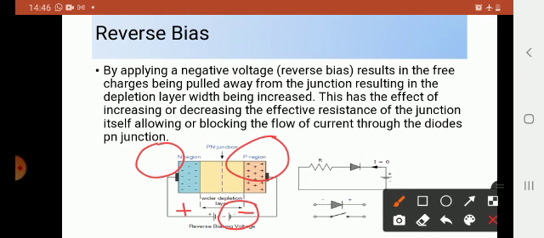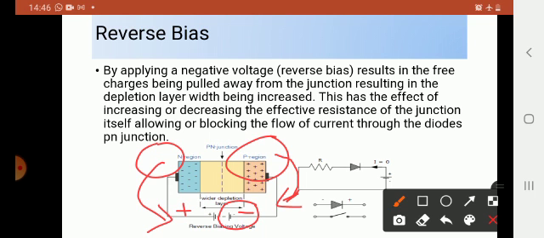Now that the terminals are swapped, what will happen? The electrons present in the n-type material are going to be attracted toward the positive terminal, because negative and positive attract each other. And in the p-type, where we have an excess of holes, the positive charge will move toward the negative terminal, because they attract each other.